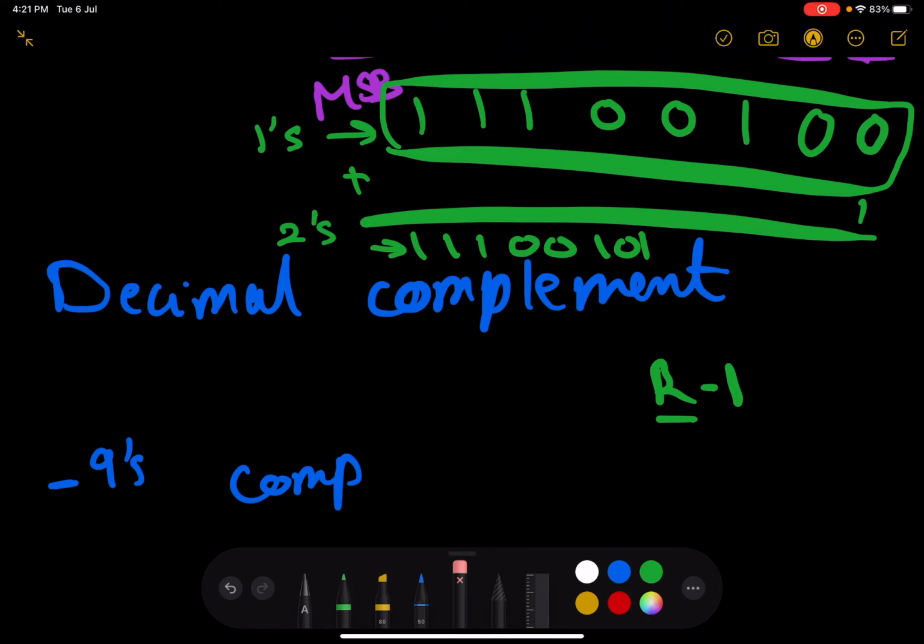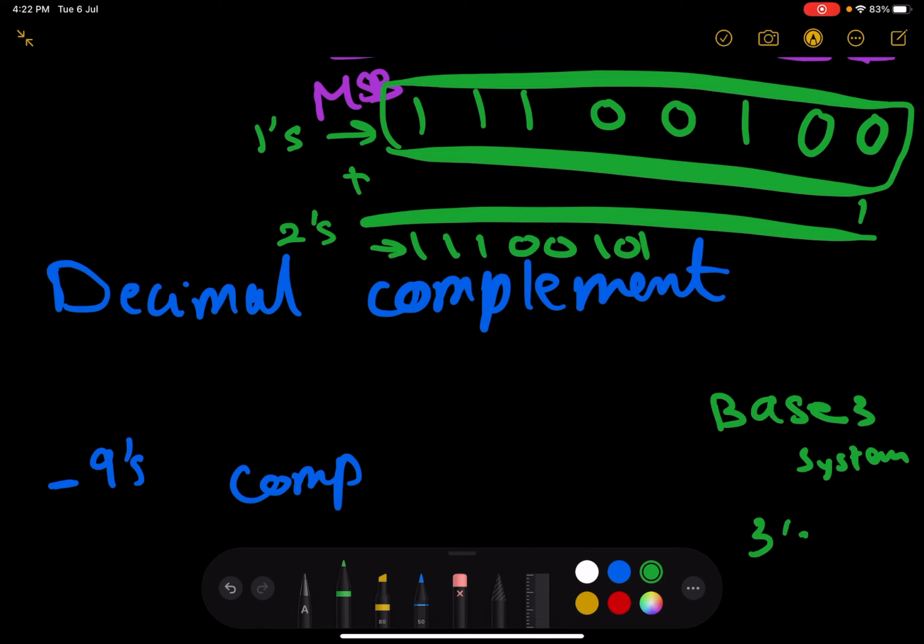Same for octal system, we have 7's complement and 8's complement. And even if you had, for example, a base 3 system, you will have also the same, like 3's complement and 2's complement.